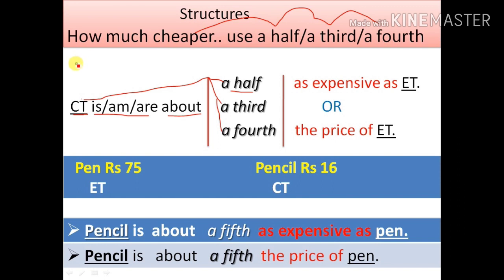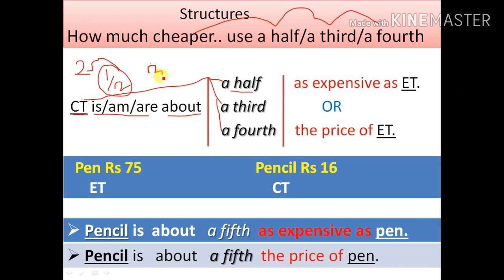If A is 2 times as expensive as B, it means B is 1 upon 2, means B is half the price of A.